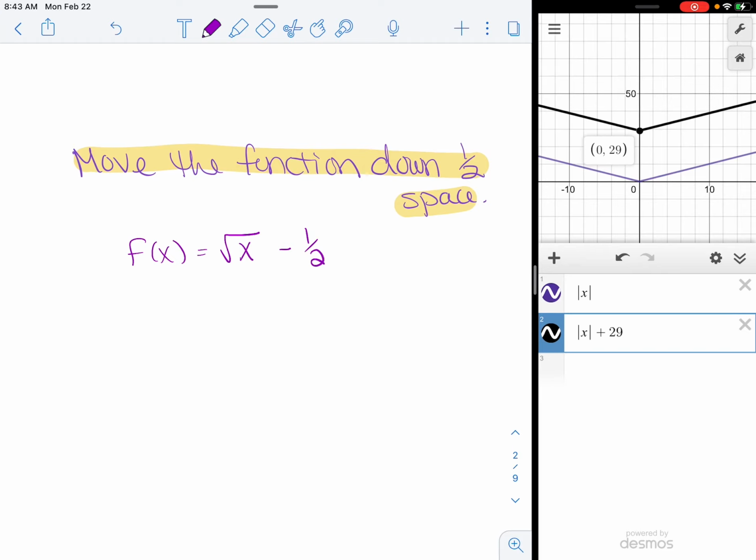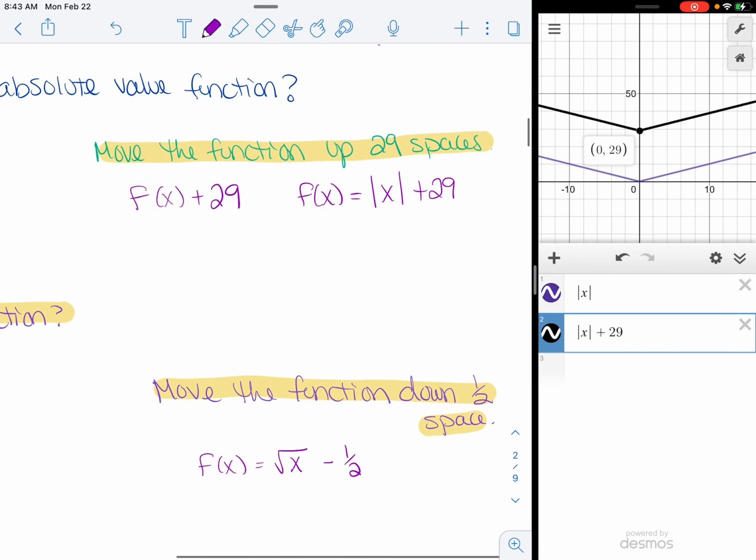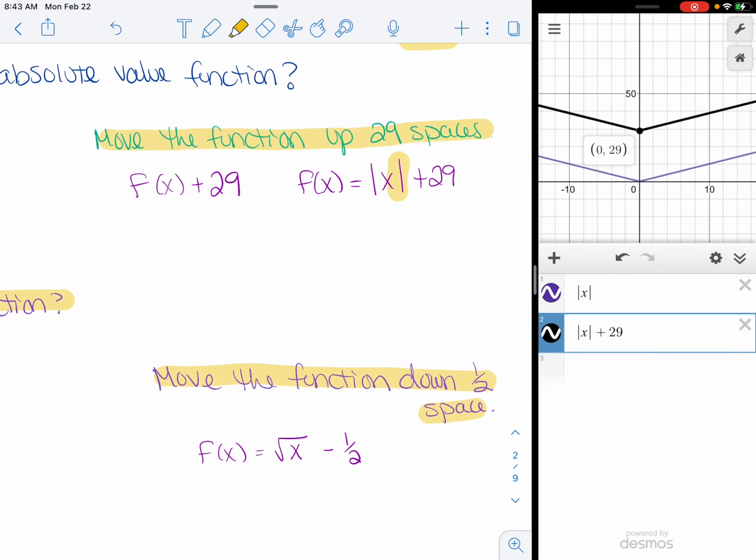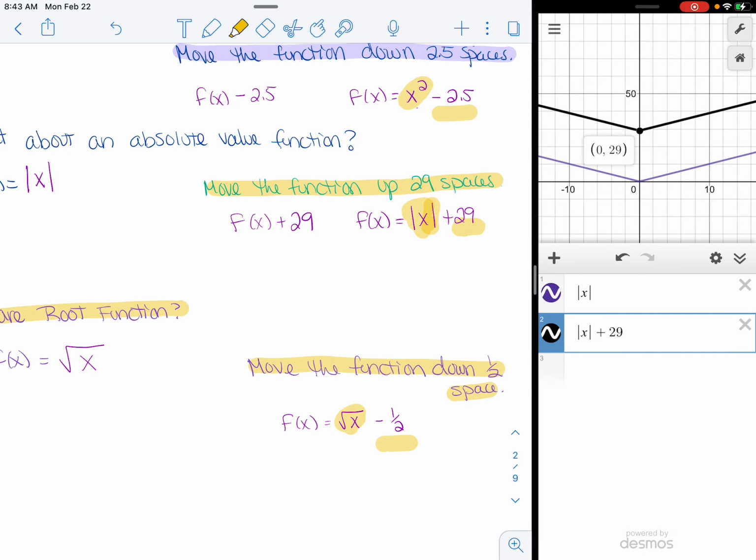So the function is enclosed by the symbol or the exponent. So after the exponent, like up here where we had x squared, that's when you want to add or subtract your number. Or after the symbol closes, that's where you want to add and subtract your number. Okay, that will move it.